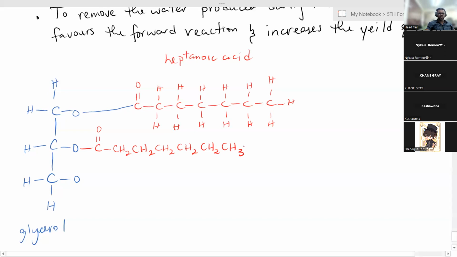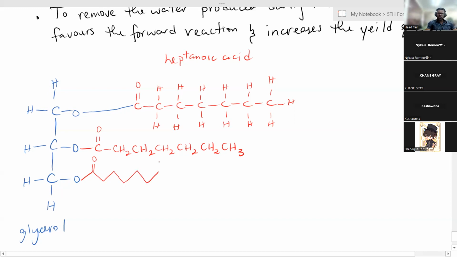All right. Let me draw the next one, same heptanoic acid, but I'm going to draw it in the line structure. So I'm going to connect here, here, double bond O. So that's 1, 2, 3, 4, 5, 6, 7. All right.